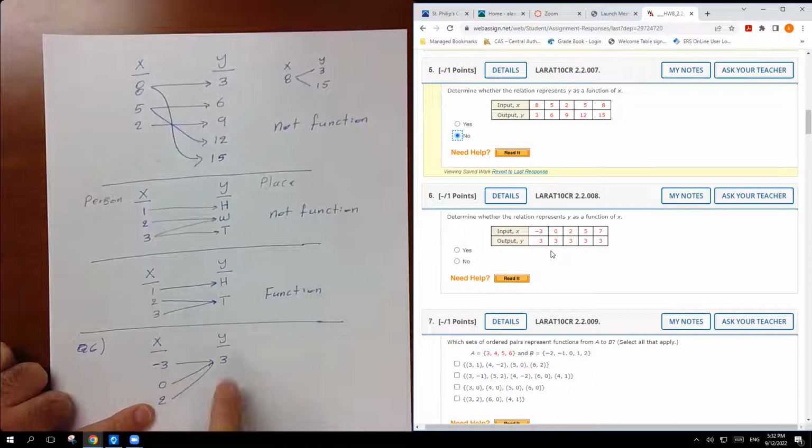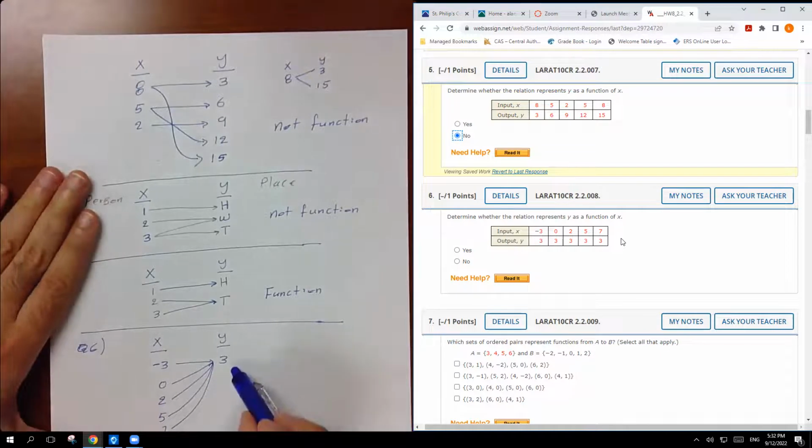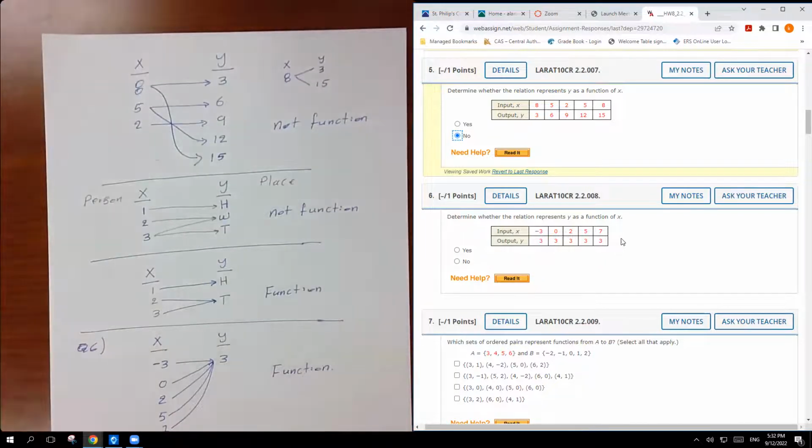These 3 persons go into the same place. Everything's fine. The next one is 5, goes to the same place also. So it's fine. 7 goes to the same place. So all these persons go into the same place. So in this case, this is a function because all these persons go into the same place. So we're just going to type function. We're going to choose this one. Yes, it's a function.